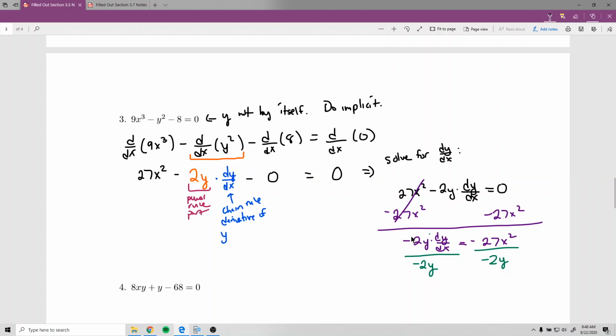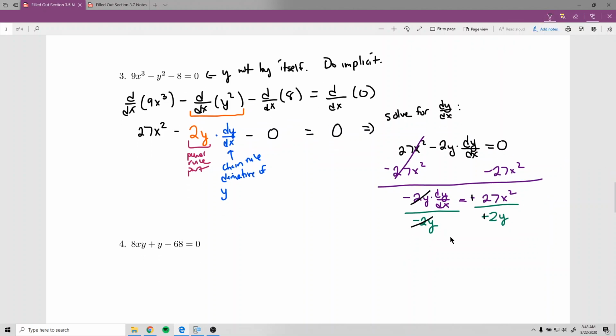And this time your formula looks kind of weird because it has a y in it. The double negatives cancel on the right, but that is okay. When you do implicit differentiation, especially if you can't solve for y like we can't here, your answer will very often, if not every time, have a y in it. So you get 27x squared over 2y. And that's actually correct.